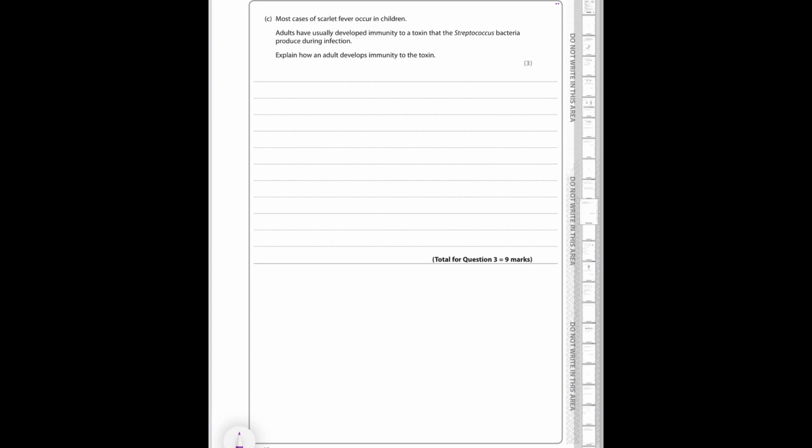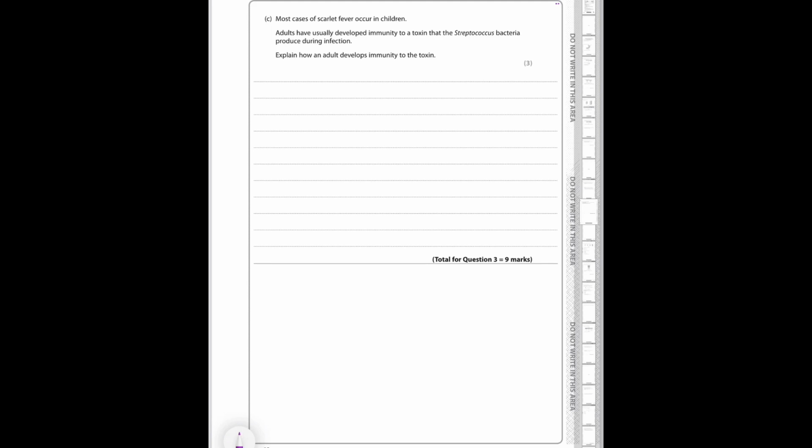Most cases of scarlet fever occur in children. Adults have usually developed immunity to a toxin that the Streptococcus bacteria produces during infection. Explain how an adult develops immunity to the toxin. So, first of all, when an adult has been exposed to the pathogen, and this could be through immunization or vaccination, the body is stimulated as an immune response.